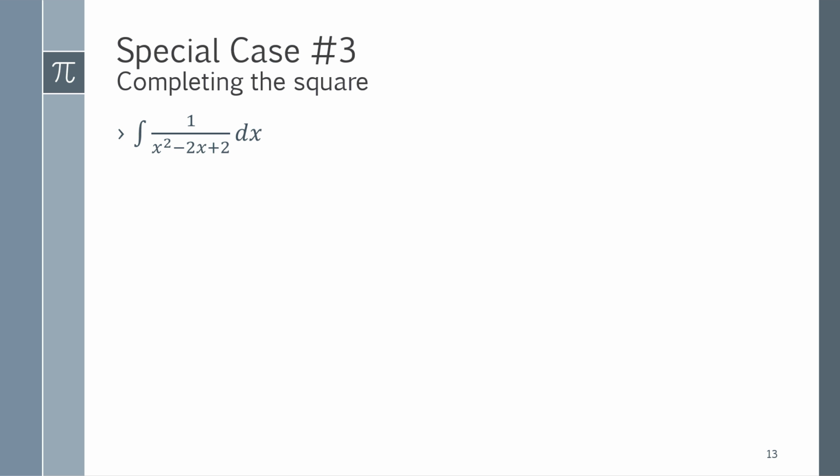This is also one of those where it's been a while. If I look at the integral of 1 over x squared minus 2x plus 2, this is similar to our special case number 1. I would love it if this were the sum of two squares. In order to be the sum of two squares, I would need to complete the square.